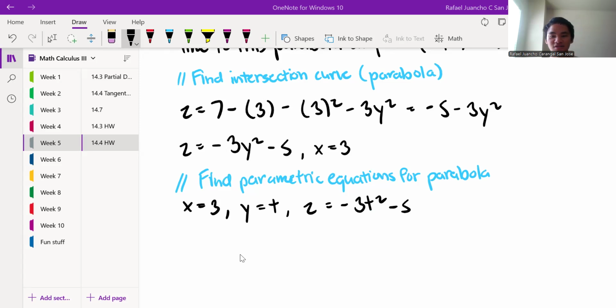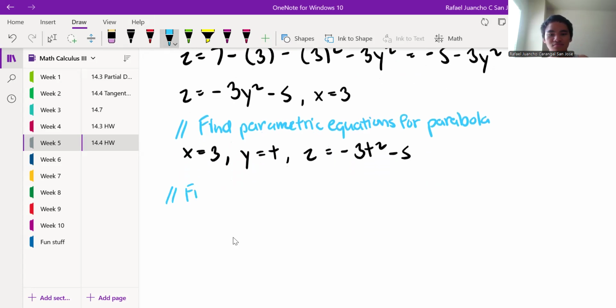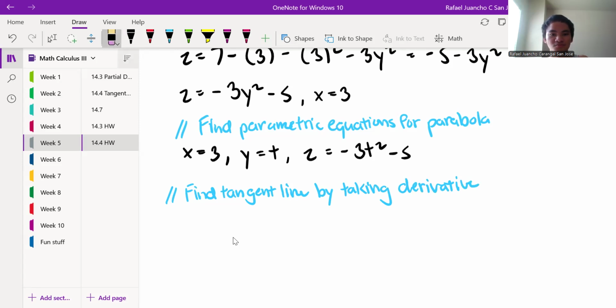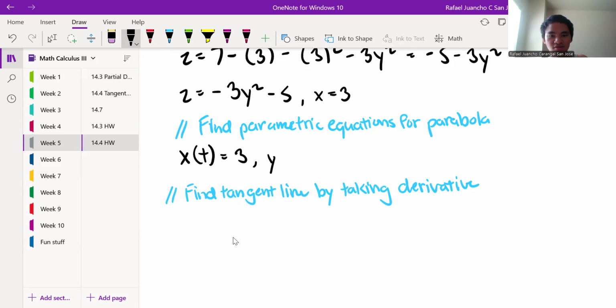So, to be more precise, at any point t, x of t is going to be 3, y is going to be t, and z is going to be negative 3t squared minus 5.